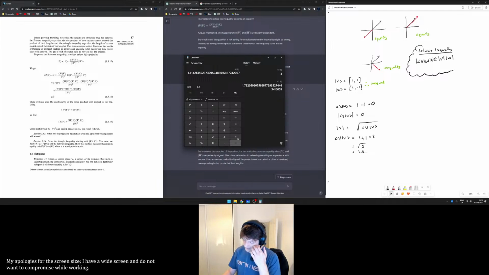Let's just do this. So let's do now the magnitude of w, which is equal to the square root of w, and so that's 1 plus 1 negative 1 is equal to 0.